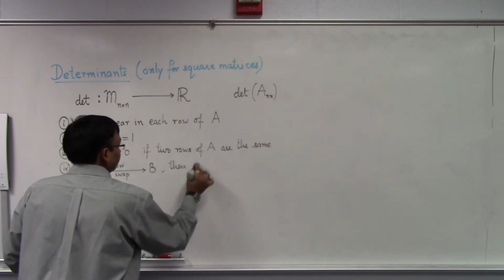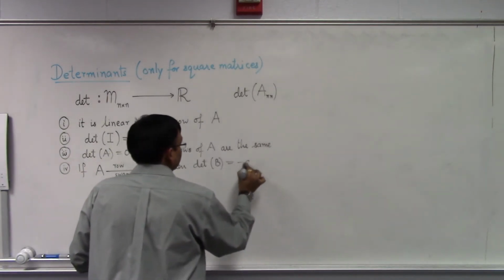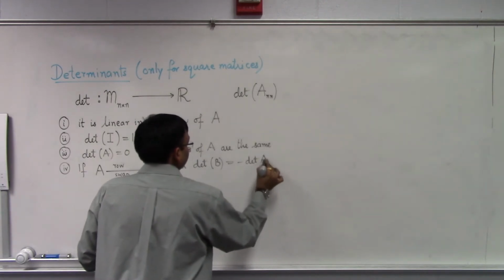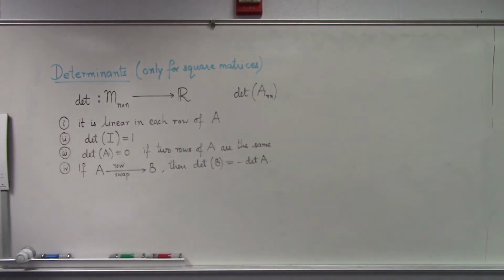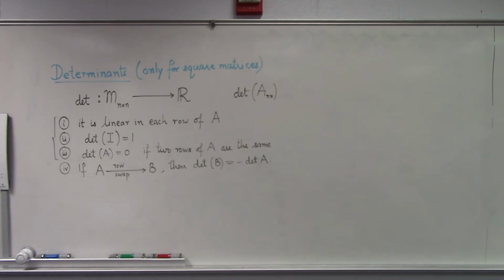Then the determinant of B must be the negative of the determinant of A. So whatever the determinant of A is, it is minus of that. As I said, these three properties are capable enough to give you the determinant. The fourth is an outcome of these three properties, but for the sake of argument, we'll keep the fourth one. It's a nice property to know.